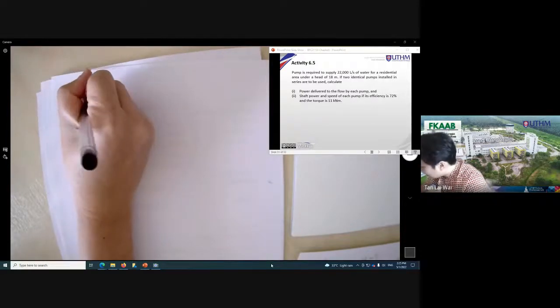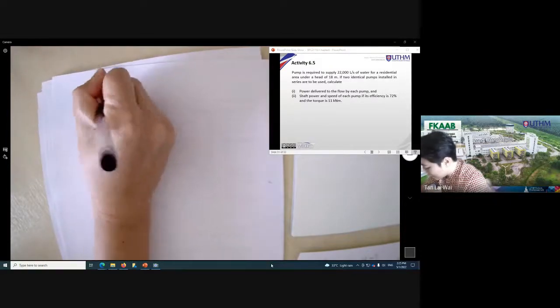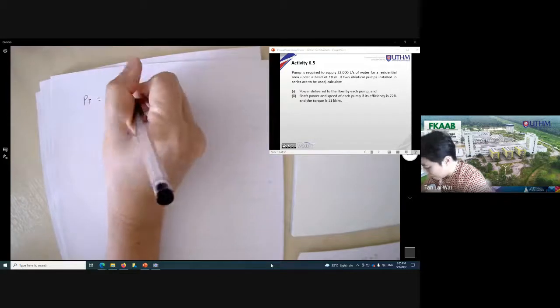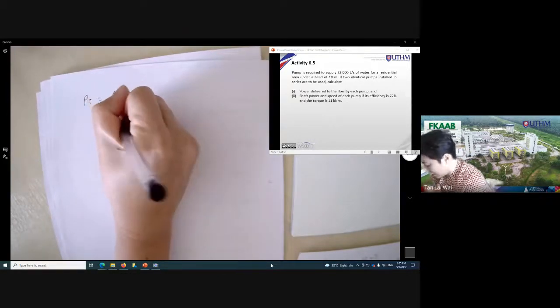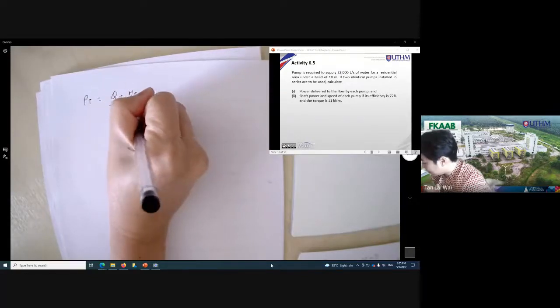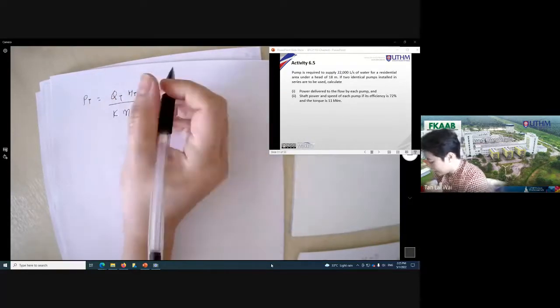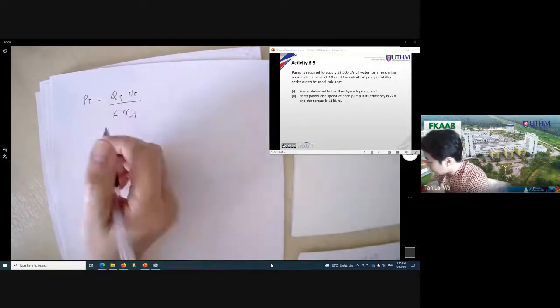The total power of the system would be QTHT divided by 0.102 times efficiency.